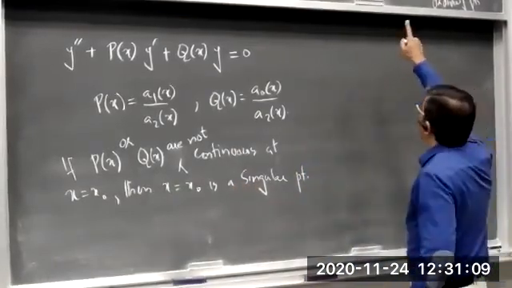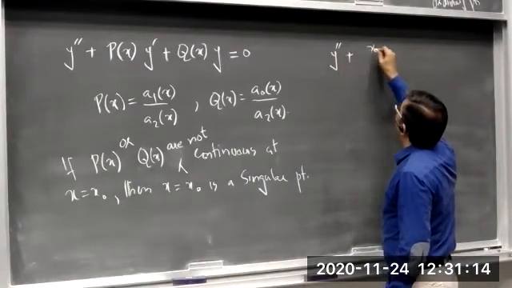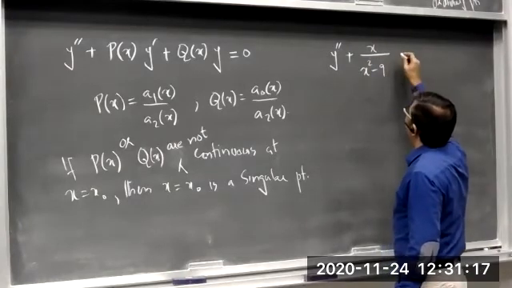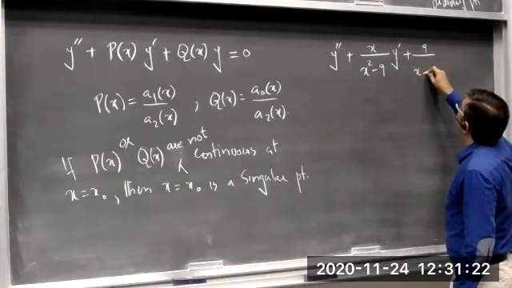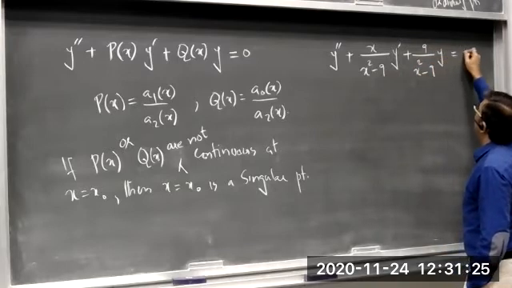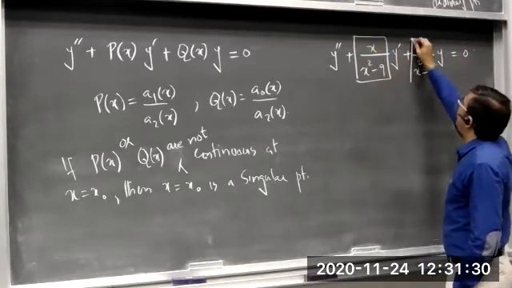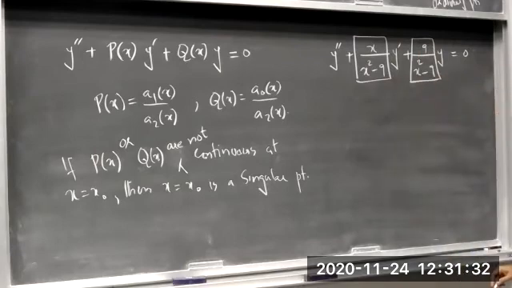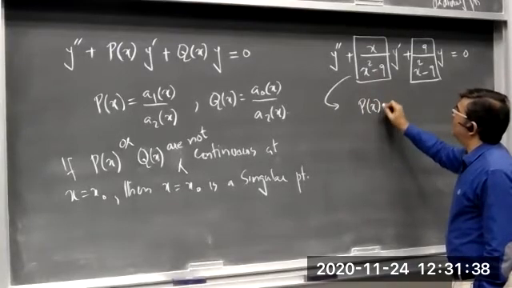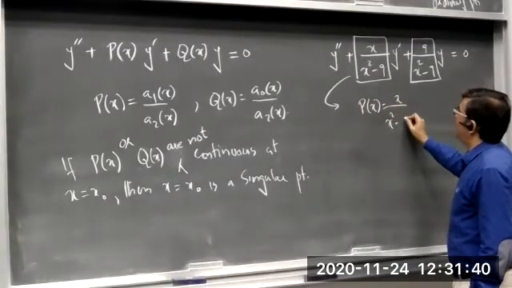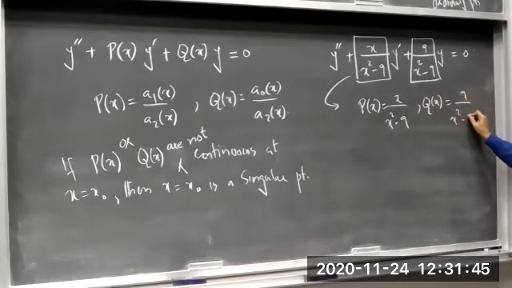For example, for the same differential equation, if you divide everything by x square minus 9, you get y double dash plus x over x square minus 9 y dash plus 9 over x square minus 9 y equal to 0. Here p of x is x over x square minus 9, and q of x is 9 over x square minus 9.